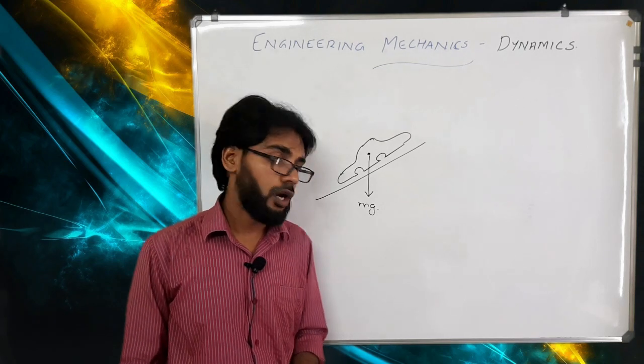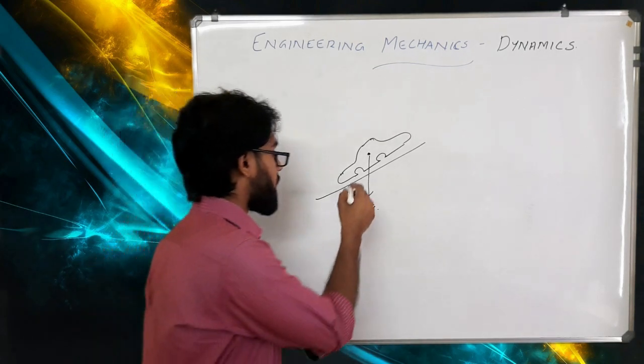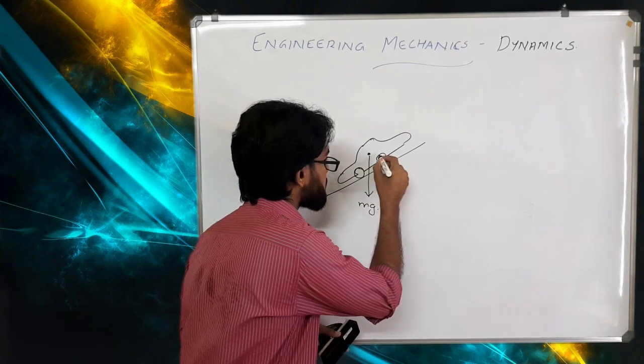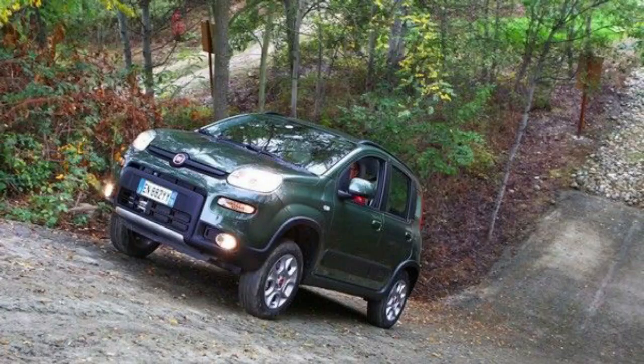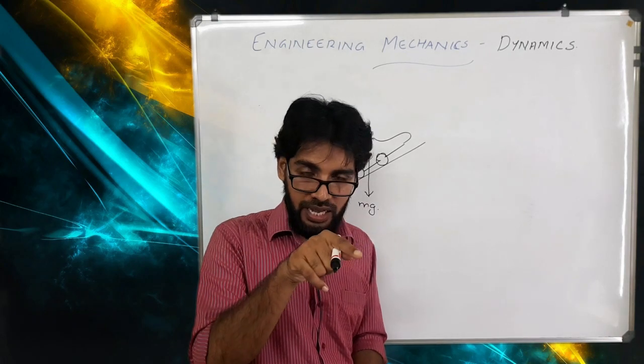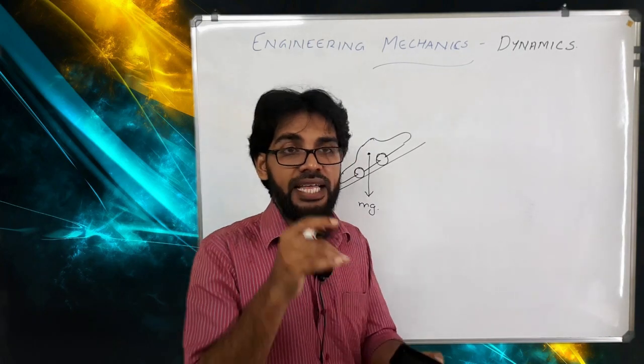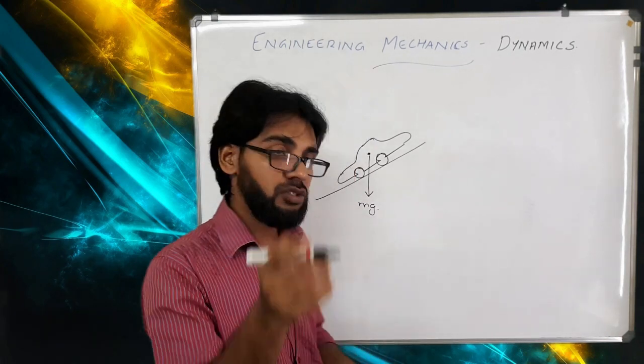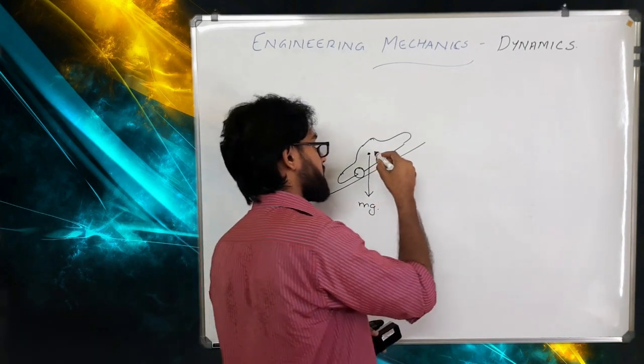Now since the car is moving upwards, there is a force that is offered by the engine to move the car upwards. Suppose I make an assumption that the corresponding force is also acting from the mass center.